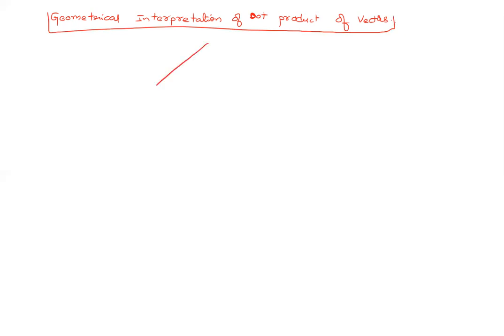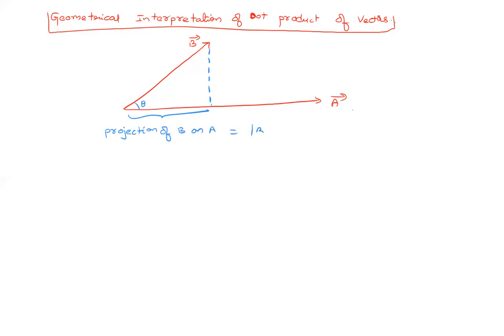If you have a vector b bar like this, and a vector a bar, and you are projecting b on a, that blue color line is called the projection of b on a, which is in fact the adjacent side of the right angle triangle, which is mod b cos theta.